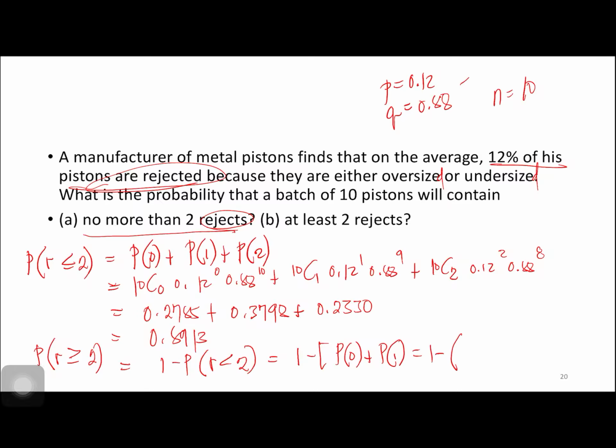So we have 1 minus 0.2785 plus 0.3798. So we have here 0.3417. Okay?